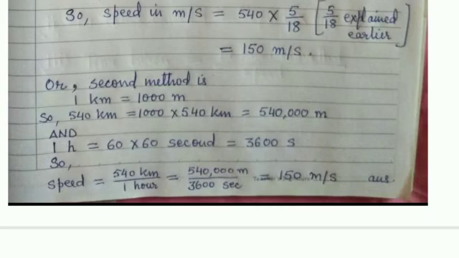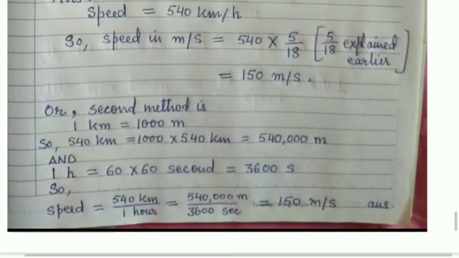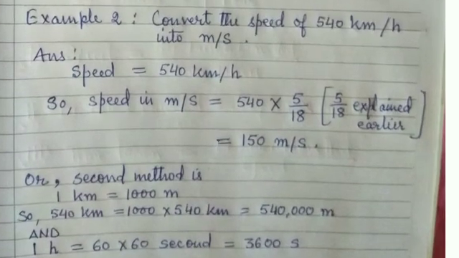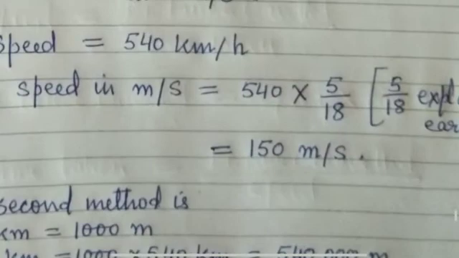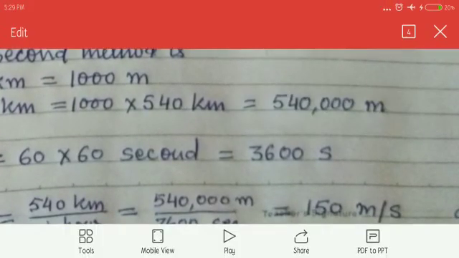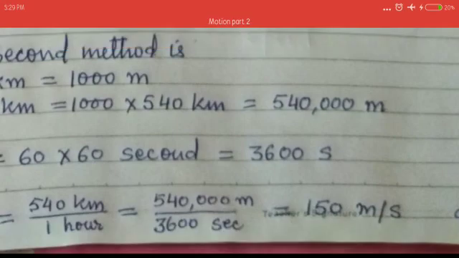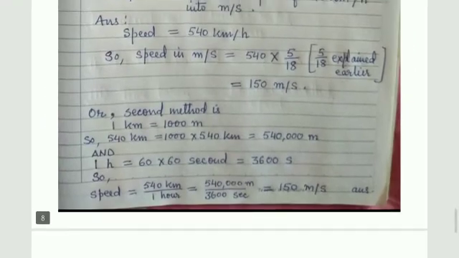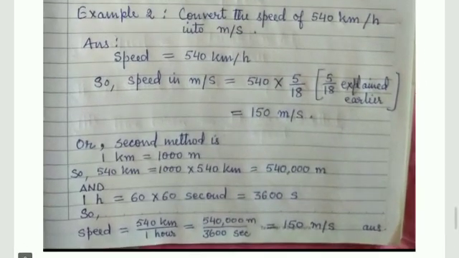After calculating, after dividing, our answer is 150 meter per second. And this is also the same answer, 150. See, here also you get 150 meter per second. So we can calculate by both methods.